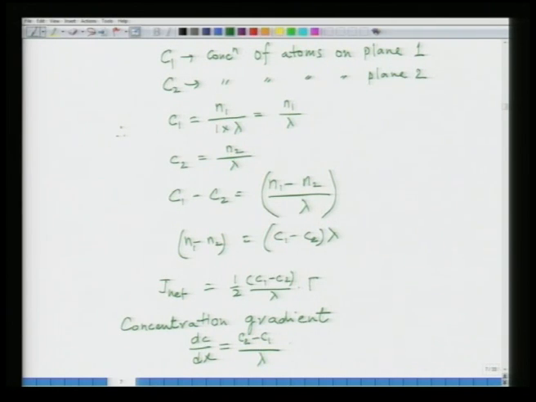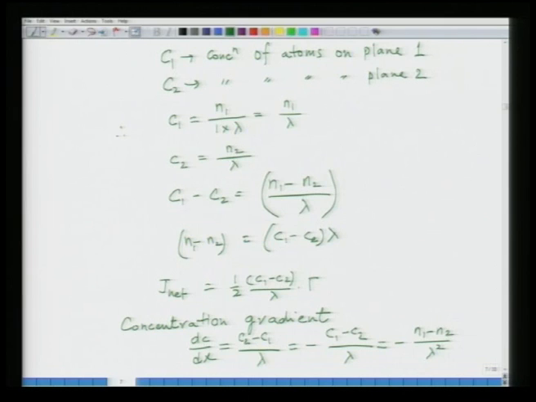And if I now replace this, this would be minus of C 1 minus C 2 divided by lambda, all right, and this would be equal to minus of n 1 minus n 2 divided by lambda square, if I replace C 1 minus C 2 as n 1 minus n 2 divided by lambda.